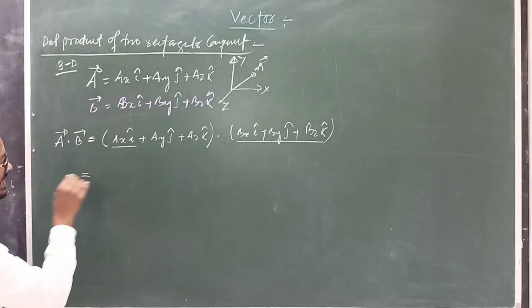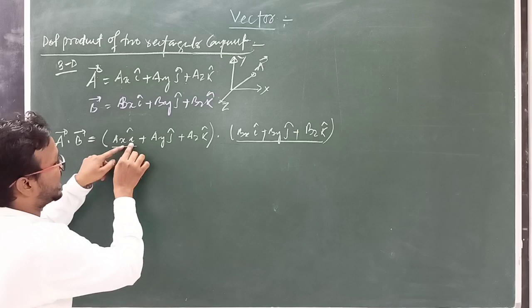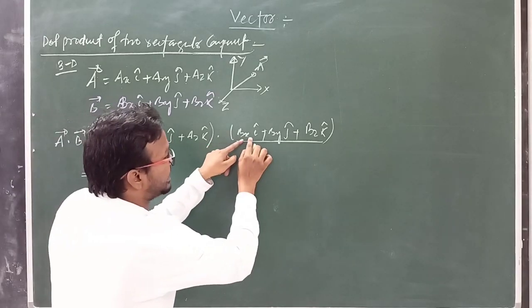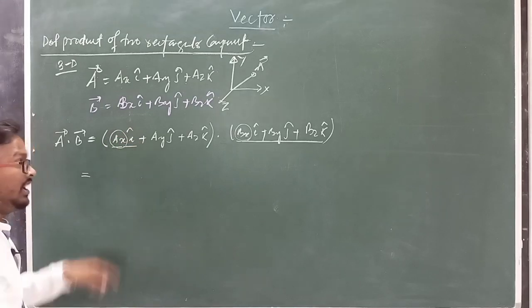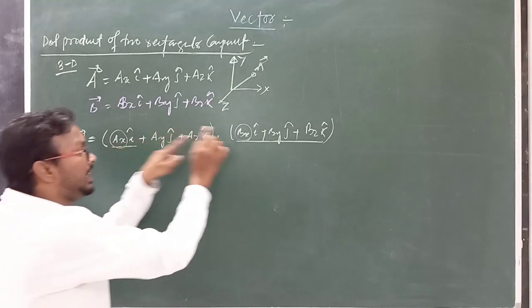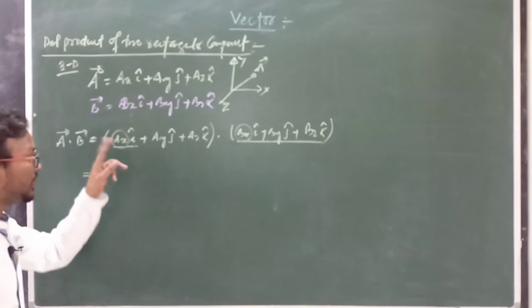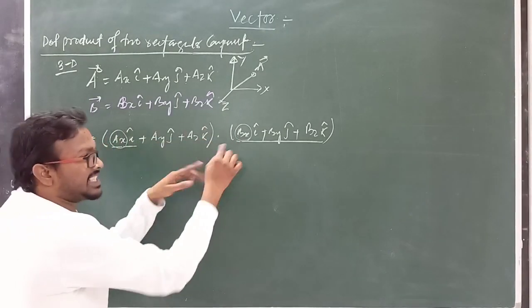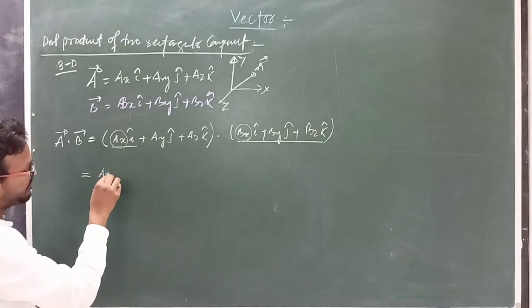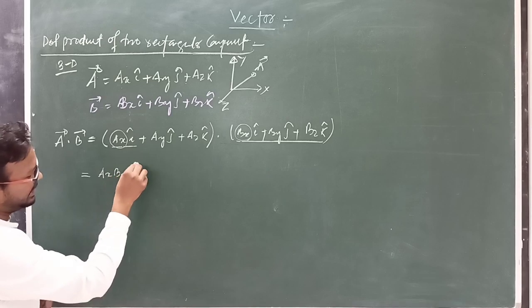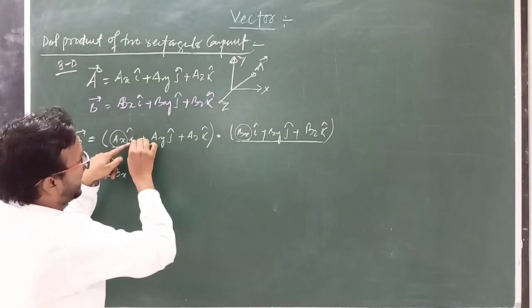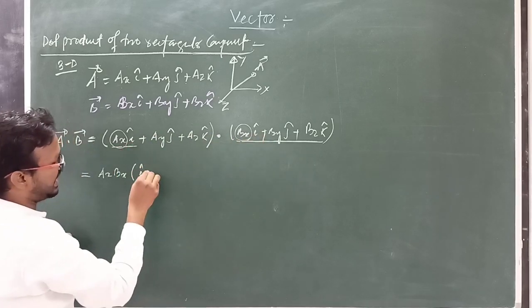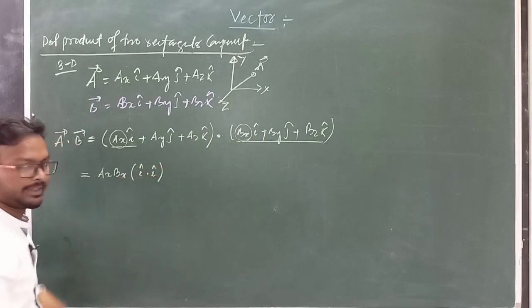So if you multiply this term, then we will get ax i cap dot bx, but here bx and ax are scalar quantities. And what is vector here? i cap, and i cap is here a vector quantity. So here I am writing ax bx scalar, so simply we can write ax bx into i dot i cap.